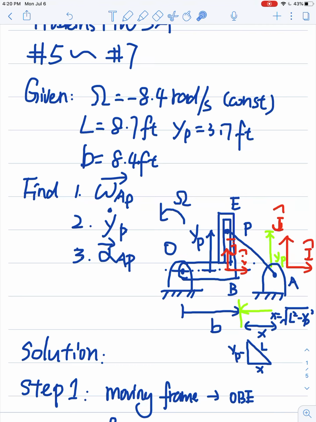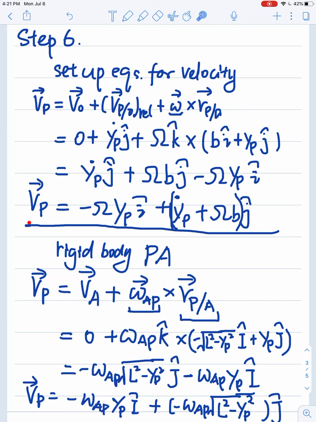We still need to find the angular acceleration of AP, which is how fast this bar AP is accelerating when it's rotating. In order to solve that, it's pretty similar to the process we did for the velocity. So I want you to try to set up two equations for acceleration instead of velocity. You can set up the first acceleration equation by using the equation we learned in chapter 3, and then you will end up with an expression for AP.